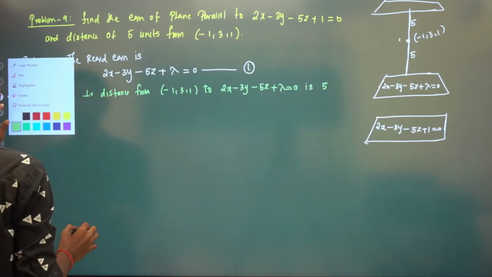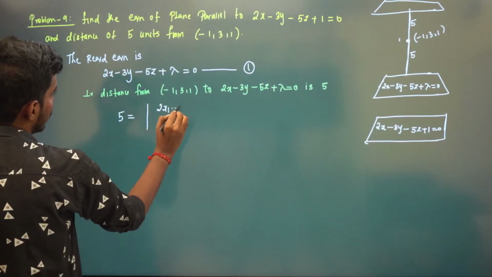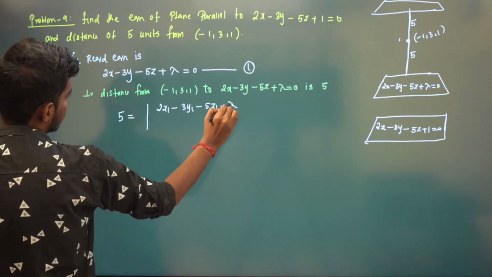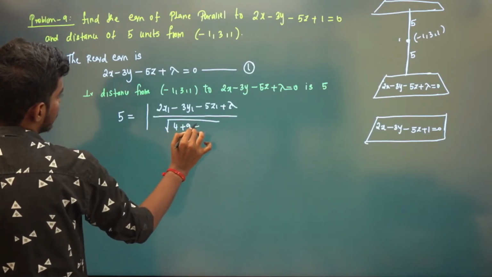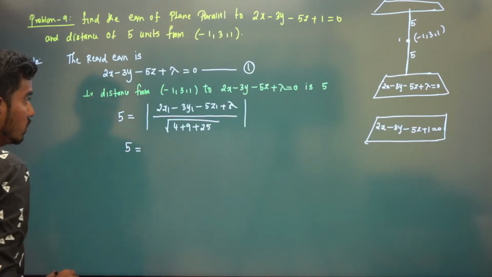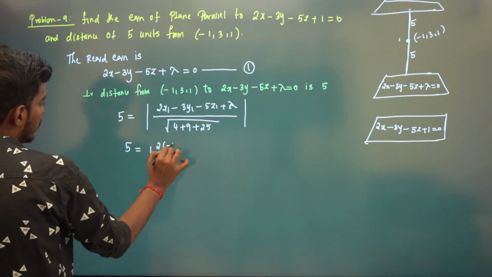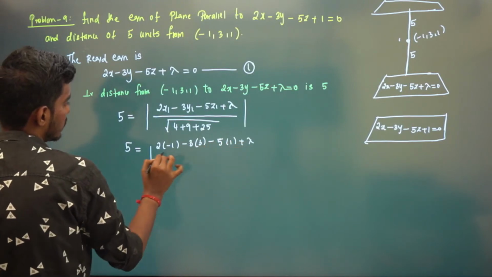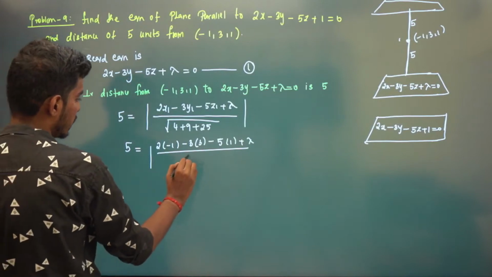So we have 5 is equal to the modulus of 2x1 minus 3y1 minus 5z1 plus lambda, divided by root of 4 plus 9 plus 25. So we have 5 is equal to, x1, y1, z1 is (-1, 3, 1), so 2 into minus 1, 3 into 3, 5 into 1, plus lambda, divided by root 38.